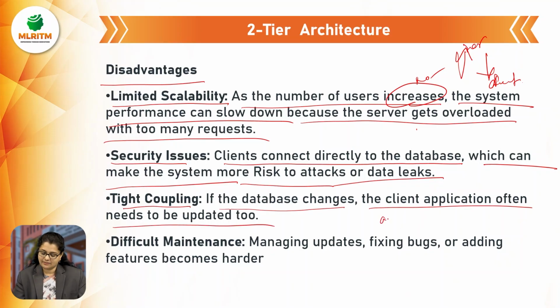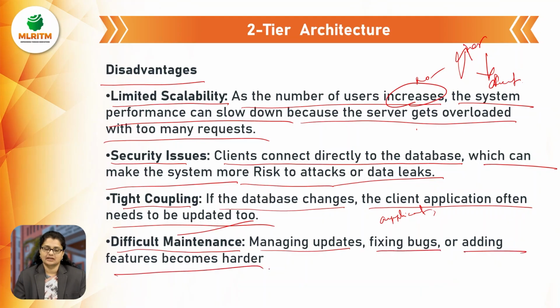If you change the application, automatically we have to update the data in the databases also. And difficult maintenance. Managing, updating, fixing bugs or adding features becomes harder. Whenever it is updated, we have to change all those things. That's why it is very difficult to maintain 2-tier architecture.